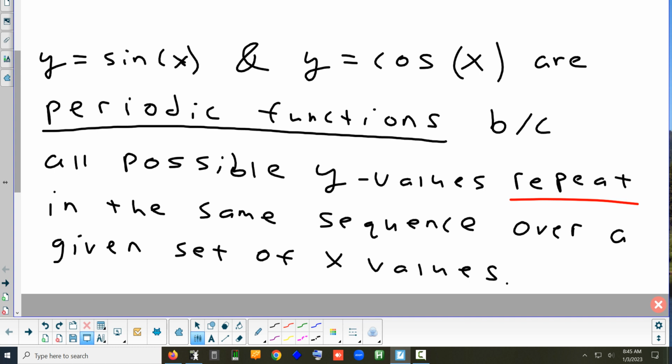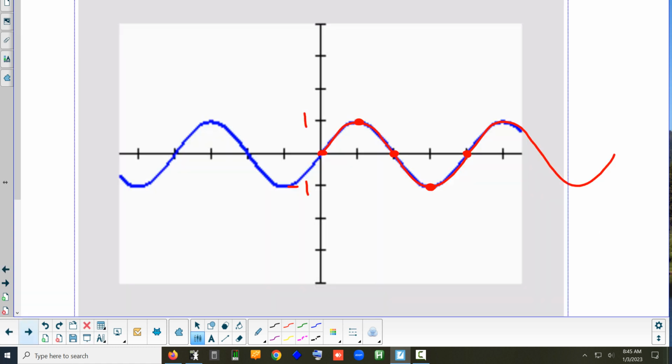Now I say that the y values repeat themselves over a given set of x values. You have to travel far enough before they'll start repeating. Like if you just go from here to here, well, you haven't gone far enough to see them repeating yet. To see them repeat, you have to go from there all the way to there.